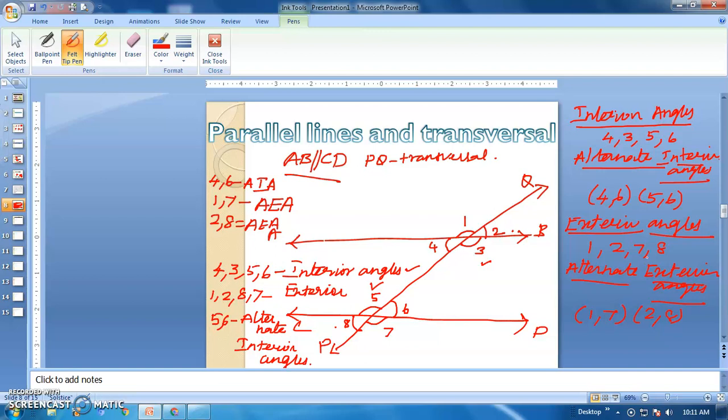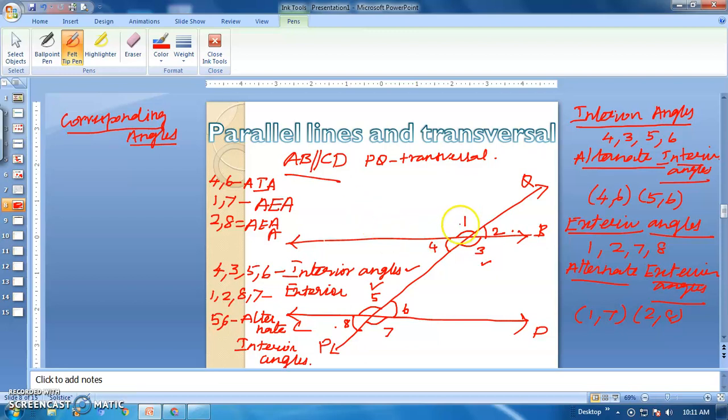And some more types of angles are also there. That is corresponding angles. So what are corresponding angles? The angles which lie above the parallel lines or below the parallel lines, and also lie on the same side of the transversal.